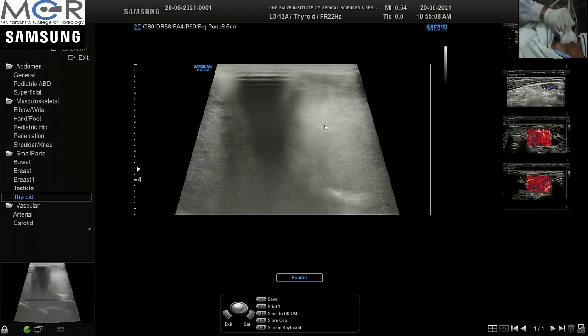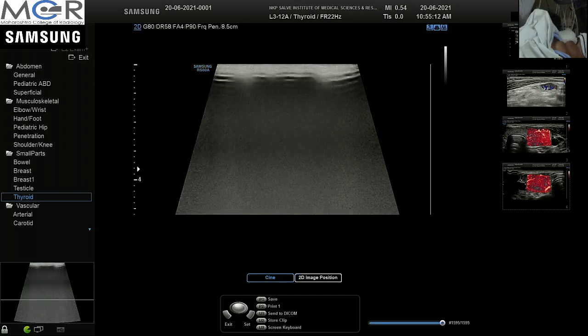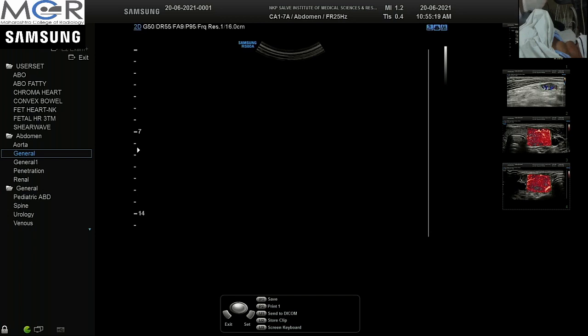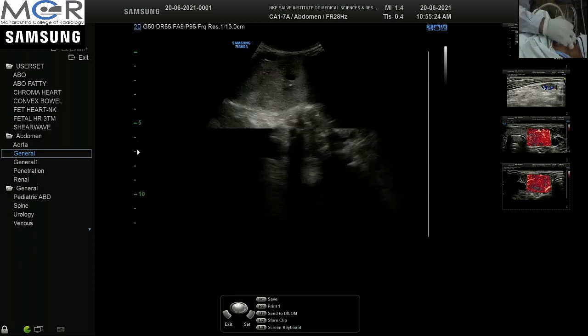Because of the size of the lesion, we will turn on our convex probe. That will give us a gross idea whether the mass is single or multiple.